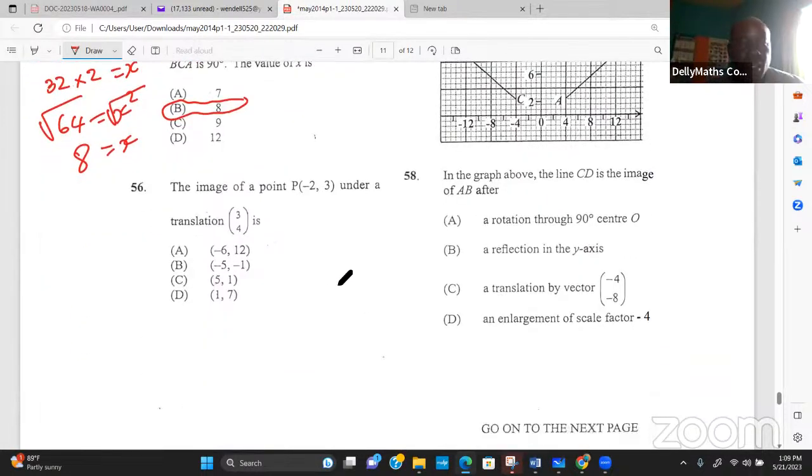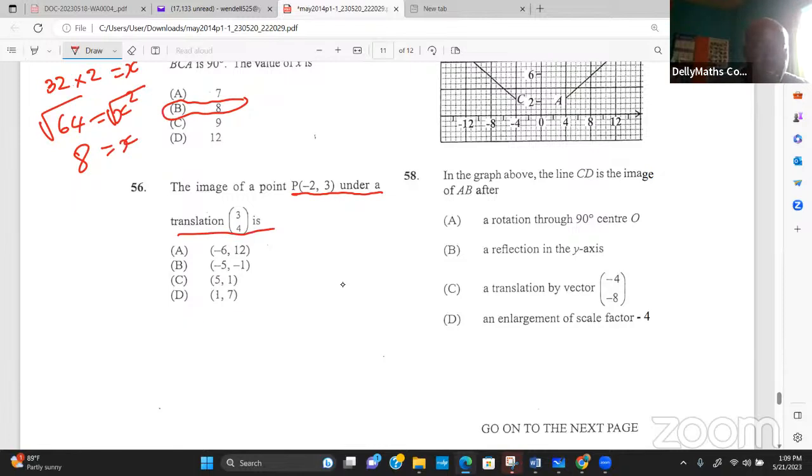Not a bad one. Now, the next question says, the image of a point P is negative 2, 3 under translation 3, 4. Anybody remember the concept? Yes. The image of a point P under a translation is what?